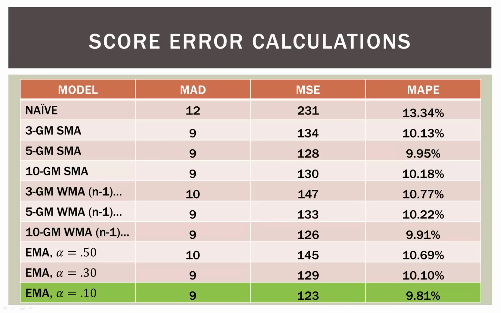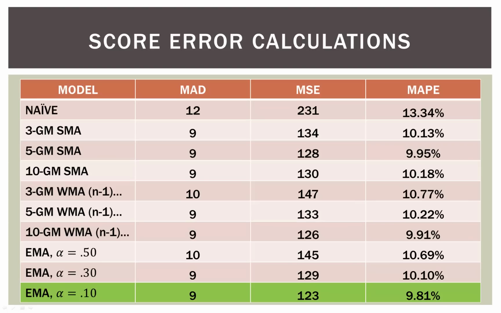So we kind of have to use a value judgment here. Which model do we think is the best at representing our forecast versus our actual scores? Well, if we were to pick one, we would have to say that the exponential moving average with a smoothing constant, or alpha, of 0.1 is our best model.